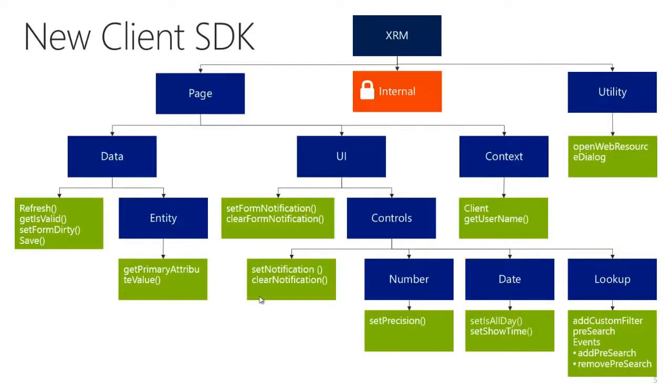Lastly, the method that you're seeing towards your extreme right under the xrm.utility object is the Open Web Resource Dialog method. So this type of method will allow you to open your HTML web resources as dialogues in CRM.